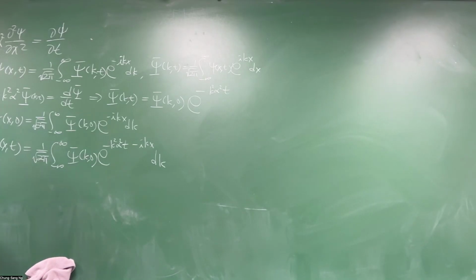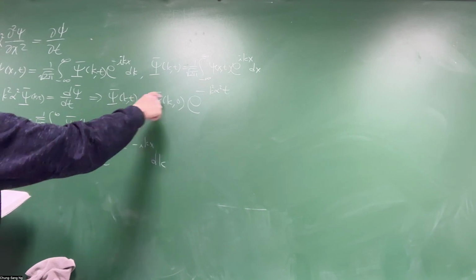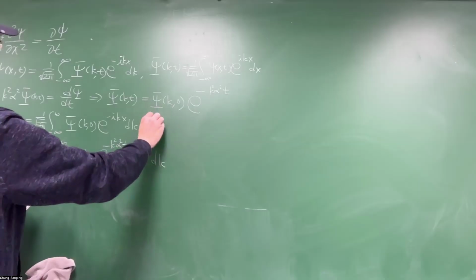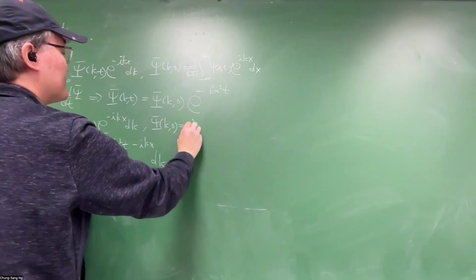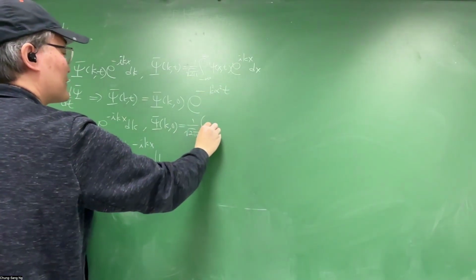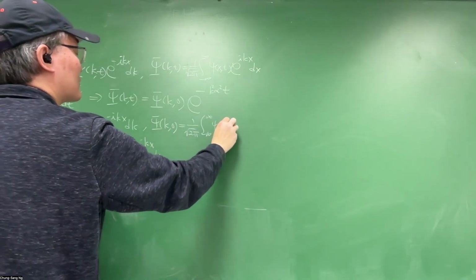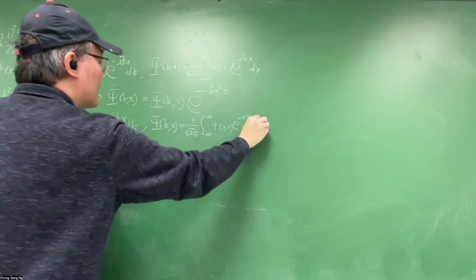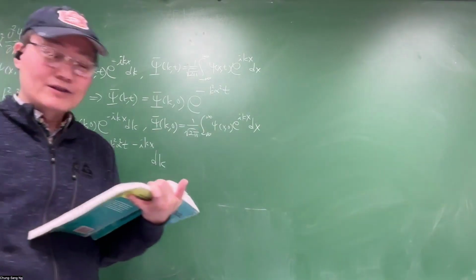So obviously, in principle you can just use the inverse Fourier transform to solve for that. To be more specific, if you have an initial condition in psi, then the capital psi at t equals 0 is given by this integral. A Gaussian of a Gaussian is a Gaussian.